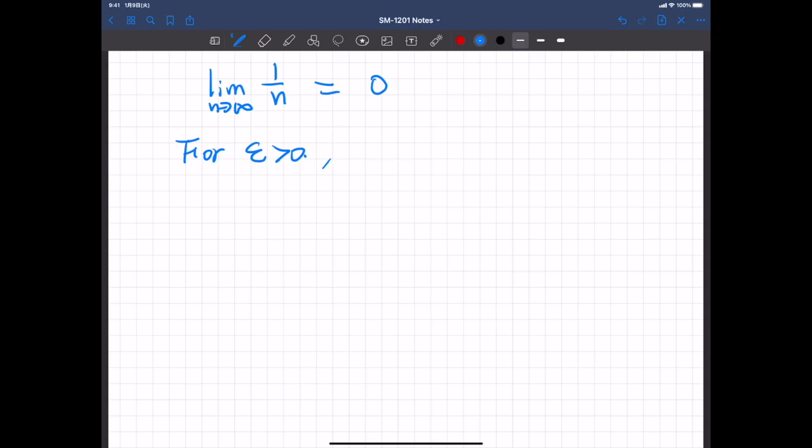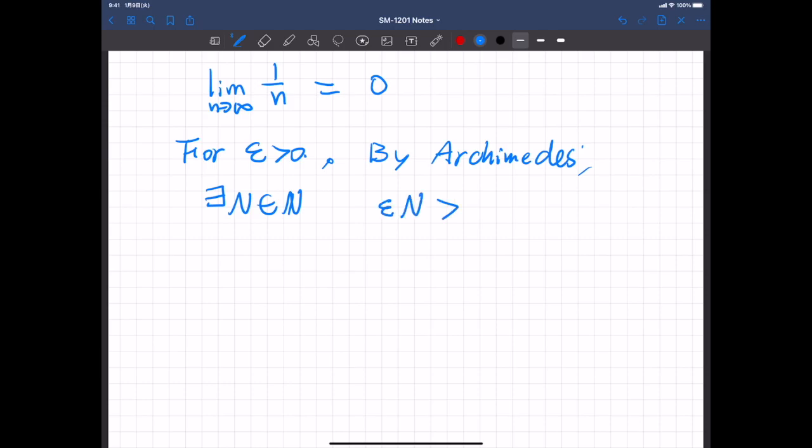By the Archimedean principle, we can find a natural number N such that epsilon times N is greater than 1. Wait a minute, this means 1 over N is less than epsilon, if you divide both sides by N.